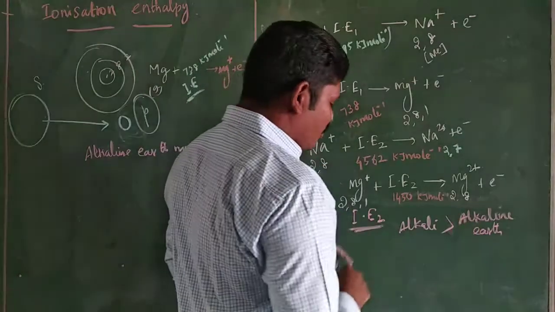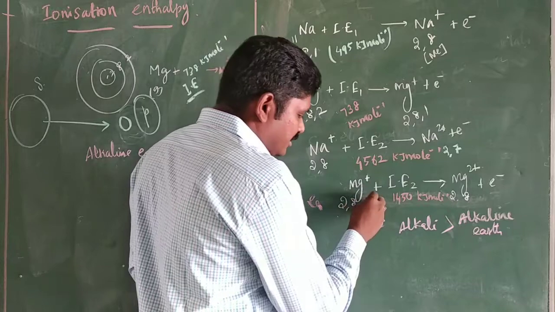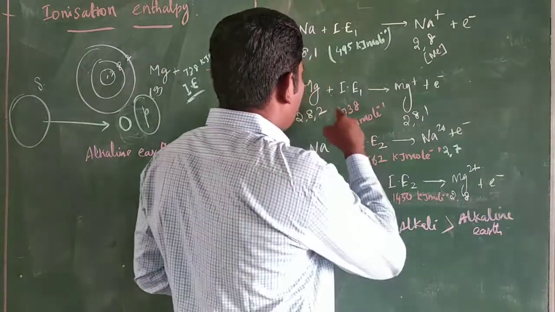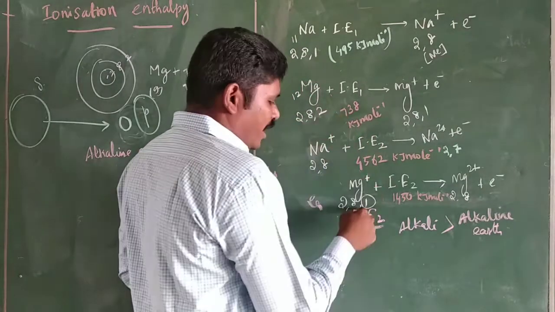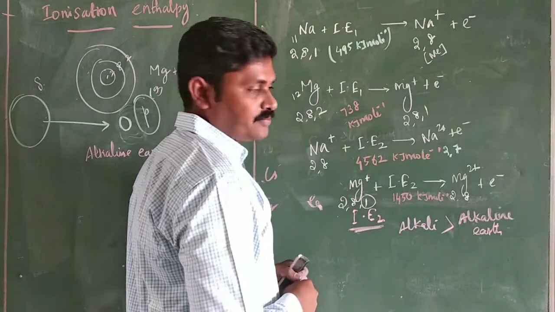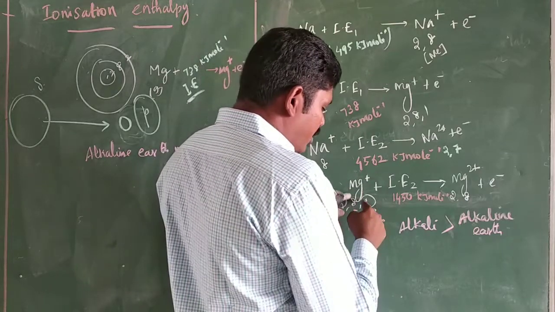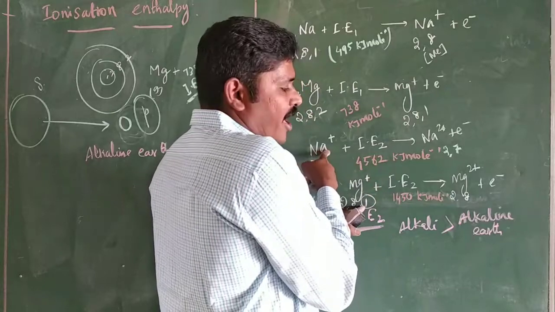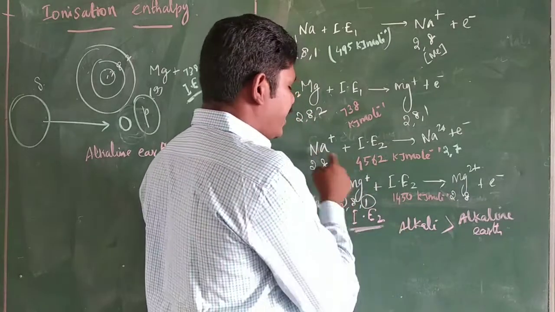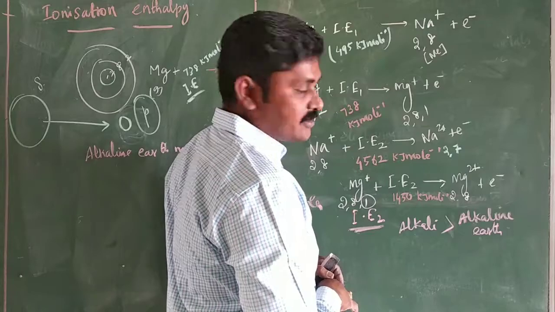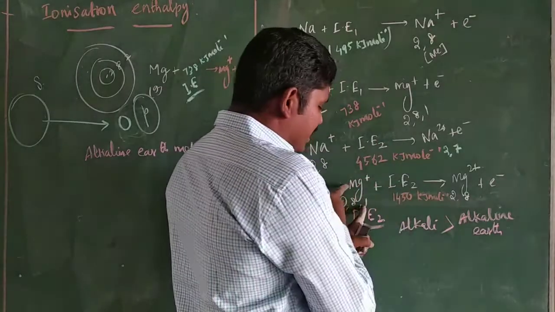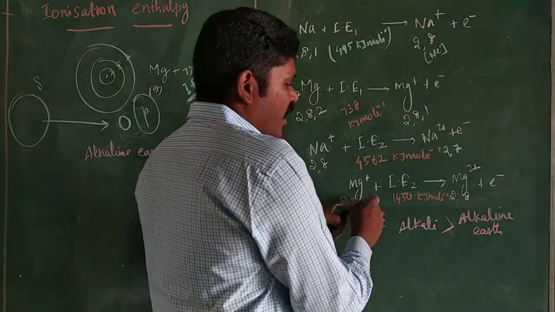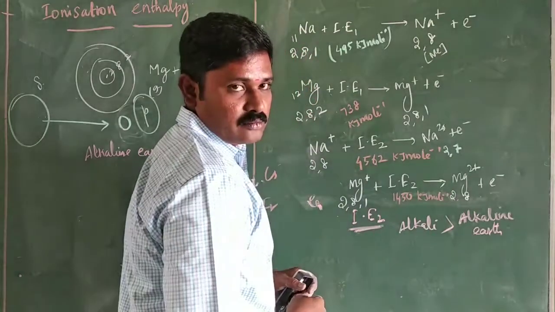But in alkaline earth metals, the cations still contain 1 valence electron. They have already lost 1 electron and one more electron is left, so the cation loses it more easily than the cation of alkali metals.